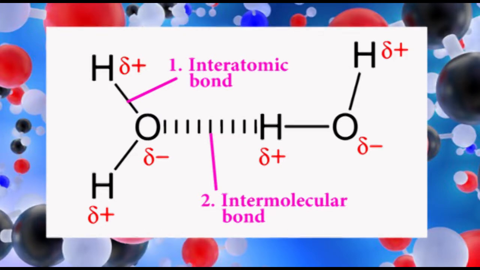That is why we can tear the paper, that's why we can hammer metals and easily break them apart, that's why we can boil water. All this is because we are separating the individual molecules, but we are not actually breaking the bonds that hold the atoms together. So interatomic bonds are stronger than intermolecular bonds.